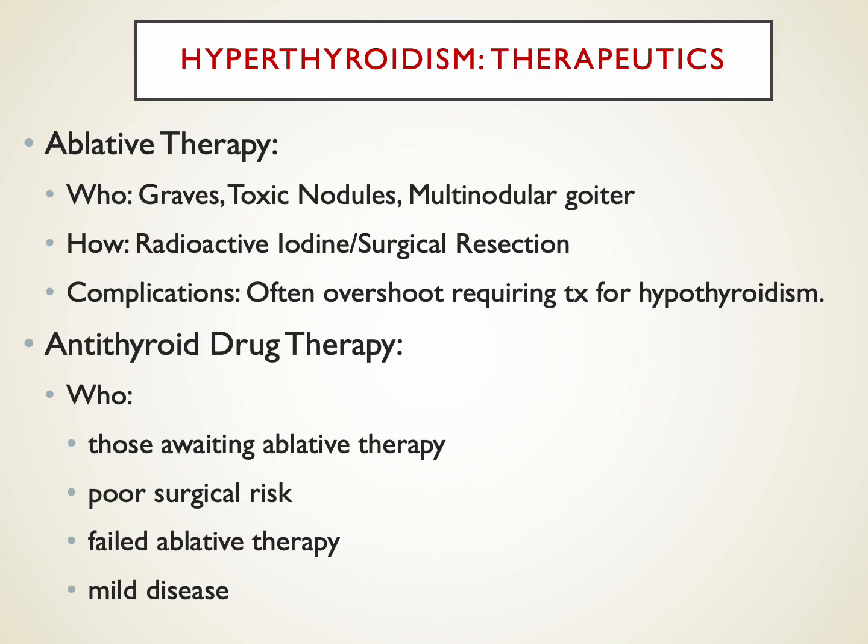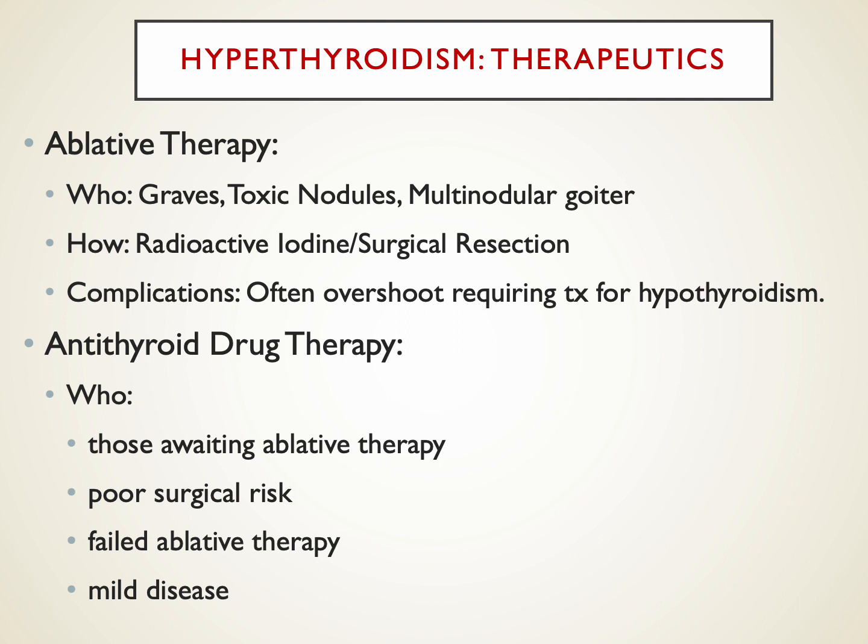When we're looking at therapeutically managing hyperthyroidism, most patients are candidates for ablative therapy. These are particularly patients with serious disease, Graves' disease, toxic nodules, or a multinodular goiter. That's usually done with a surgical resection and/or radioactive iodine.